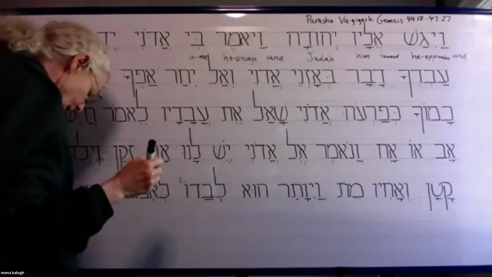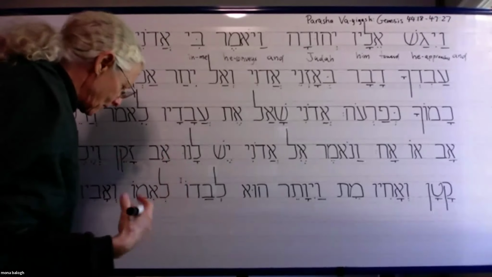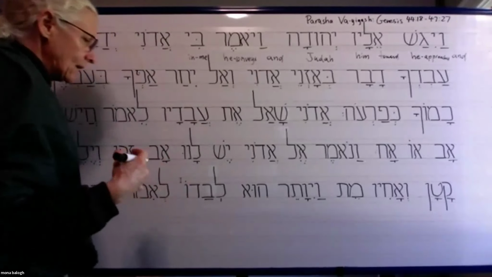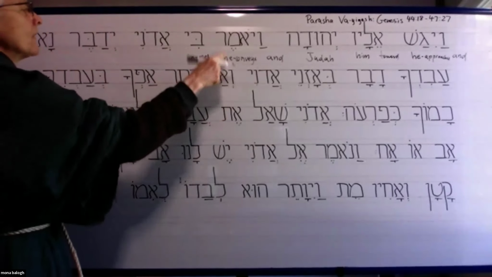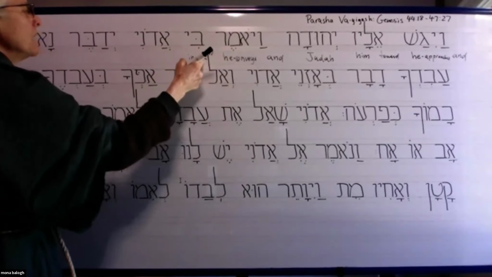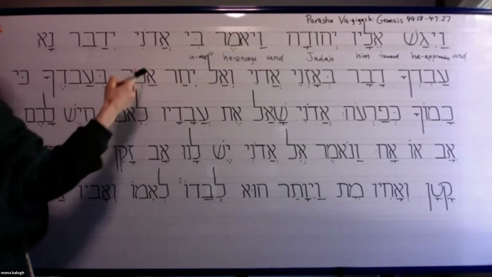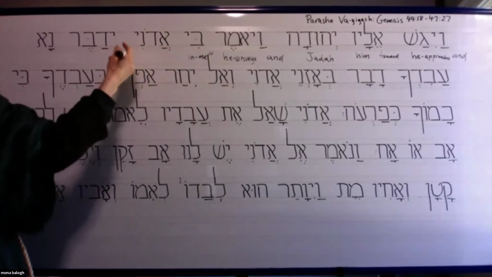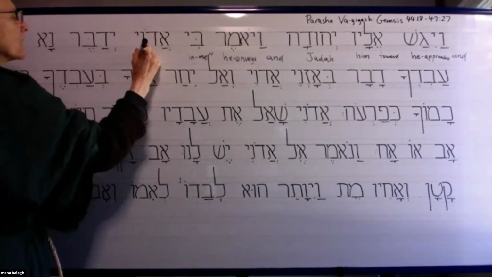There's a lot of colloquialism, dialect, slang, whatever you want to say, in the people being quoted. So he's conveying, and if you want to put quotation marks here, bi, in me, Adoni. Adon is foundation. Adoni, with this yud, is possessive. My foundation.